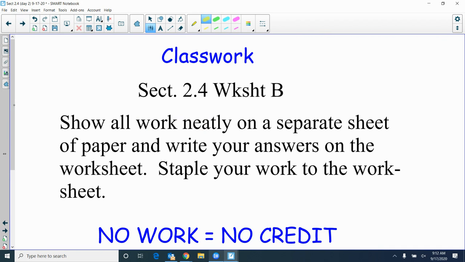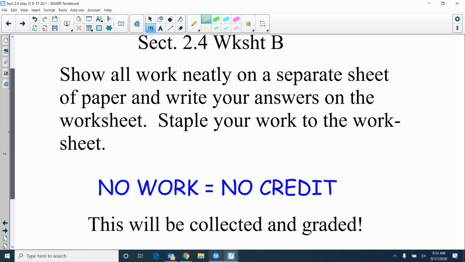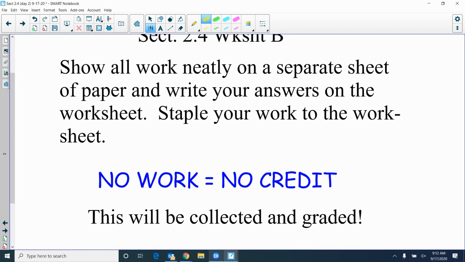We're going to grade some of these on Canvas. You're still going to submit it. The worksheet is on Canvas, so we're not going to have an actual physical handout.